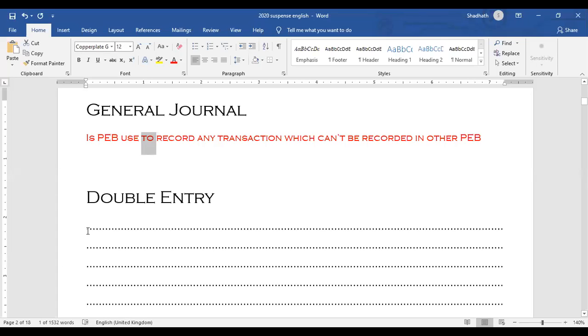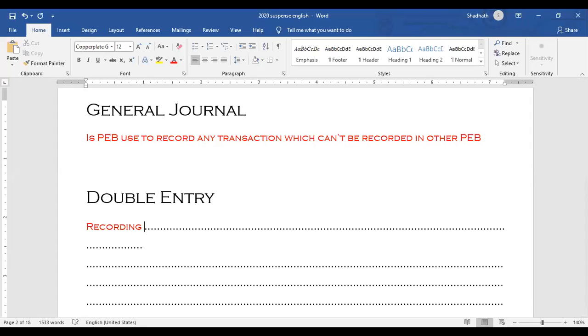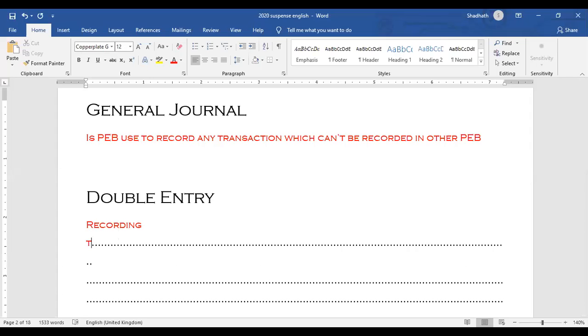Double entry means recording two entries as debit and credit.